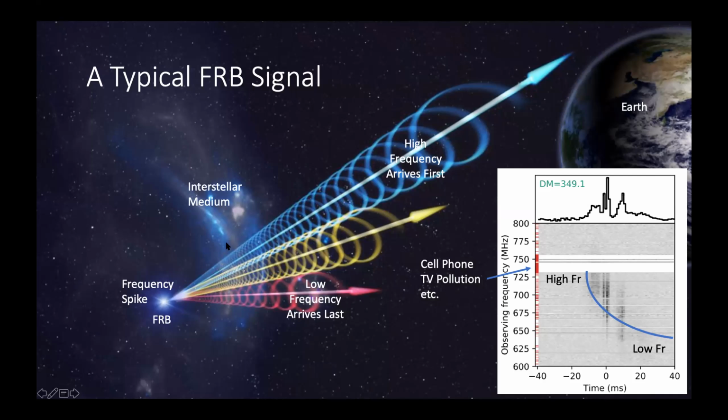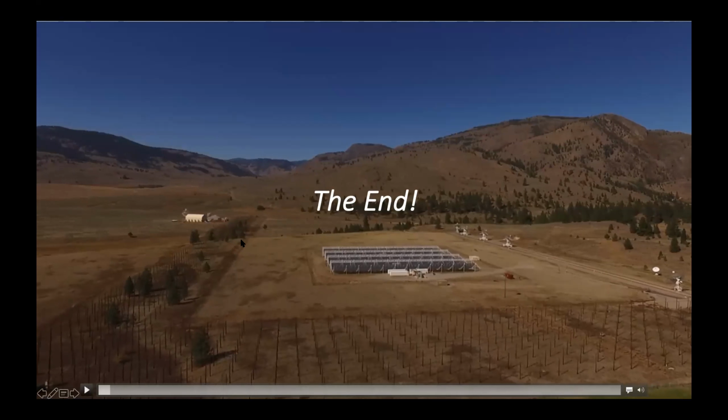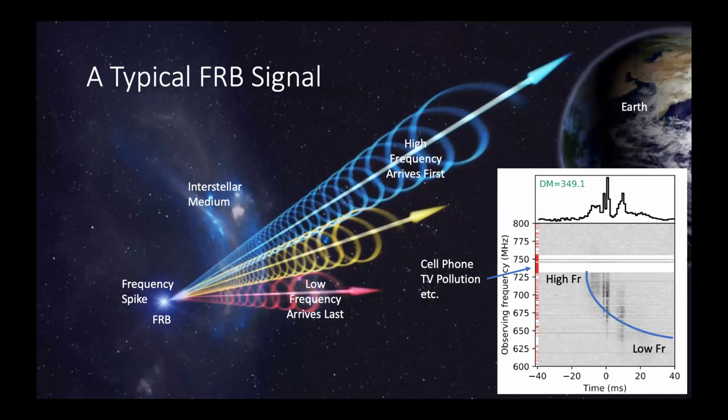And when it travels through space, it interacts with the medium in the space, interstellar or intergalactic medium. And what that tends to do is slow down the lower frequencies and allow the higher frequencies to arrive first.